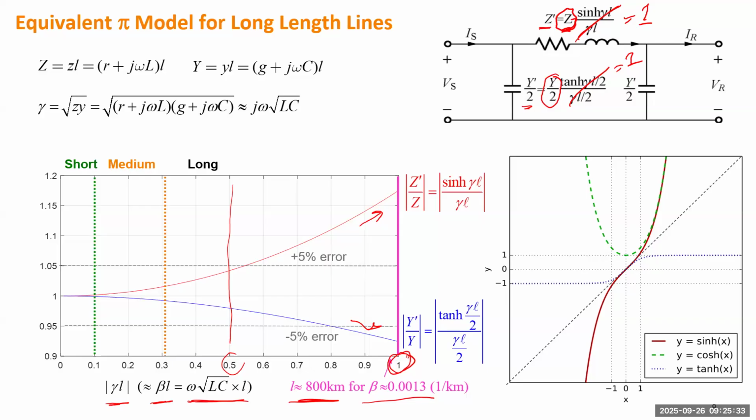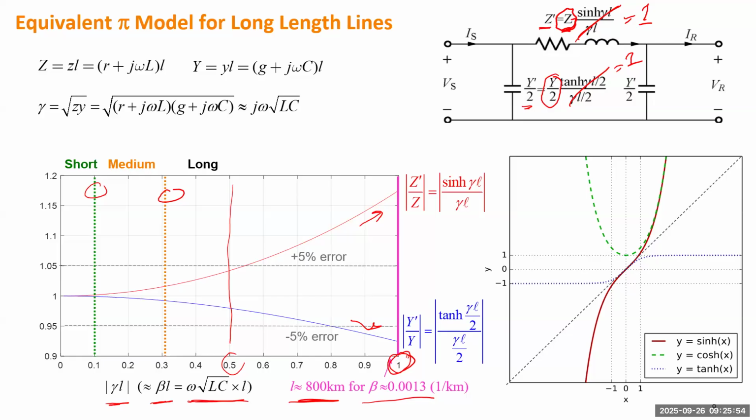So we have 80 kilometers at the first boundary between the short and medium line. And the next one we have about 250 kilometers separating the medium line and the long line. From here we can see whether those boundaries really make sense.